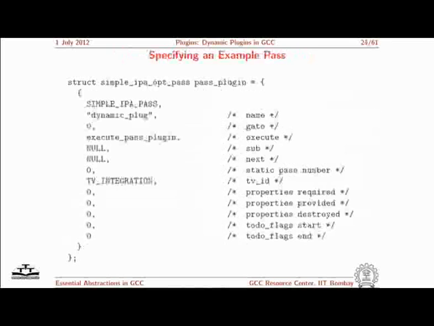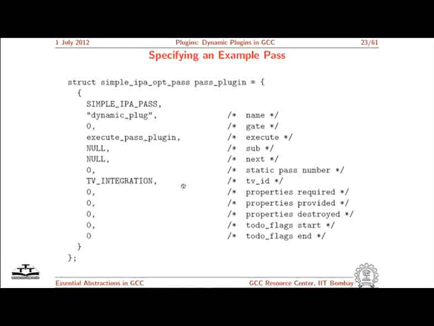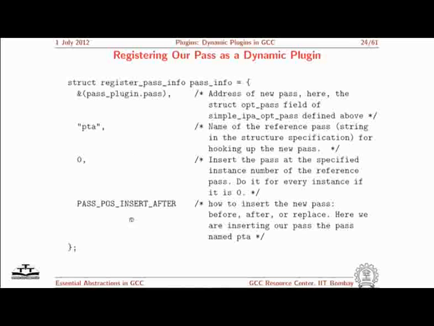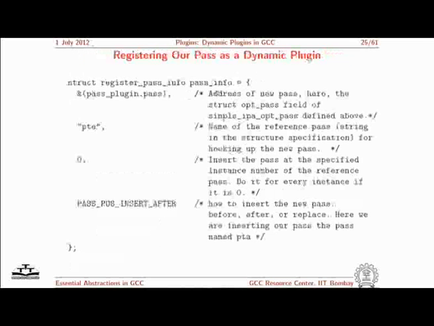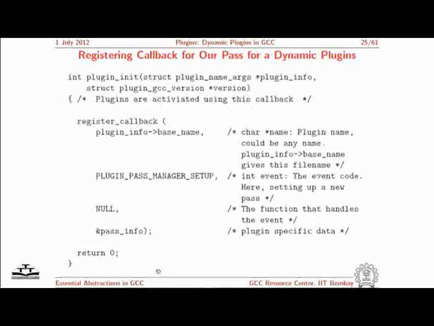So, let me repeat, I have specified my pass in the usual way. I have provided the location, etc. in this pass info structure, and now I have to register this pass info structure to ensure a callback, and I pass its address in pass info, where pass info is essentially this structure. So I specify this pointer and I am done. That is all that is required for the dynamic plugin.